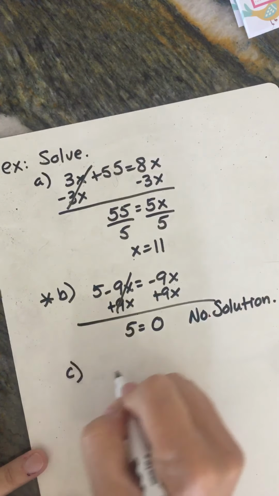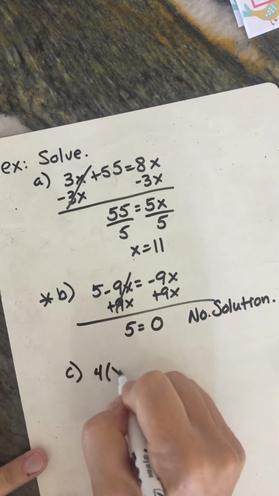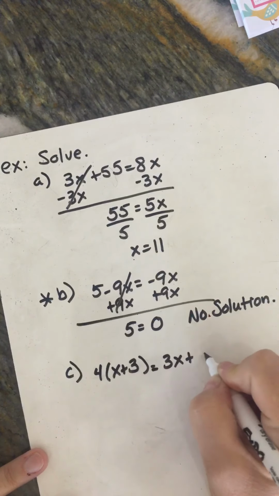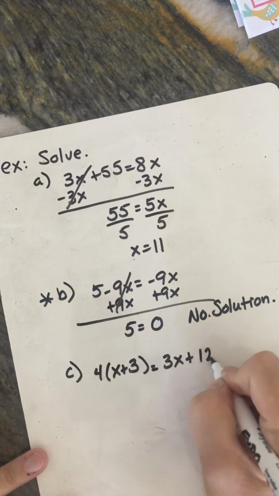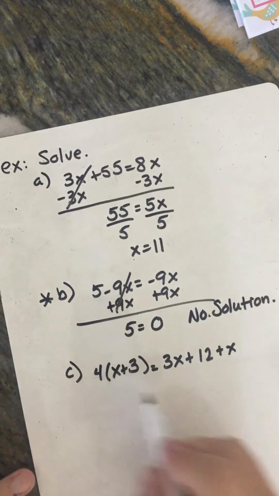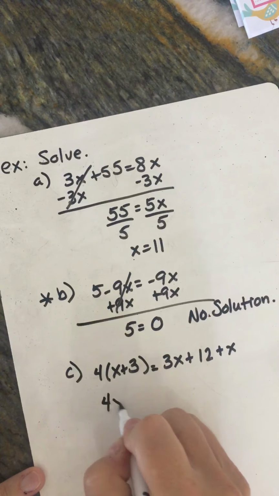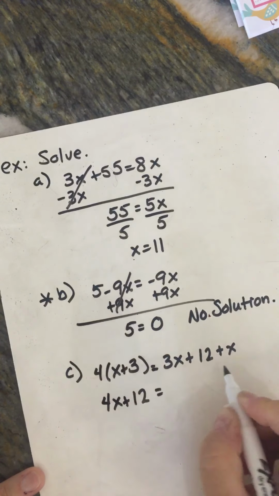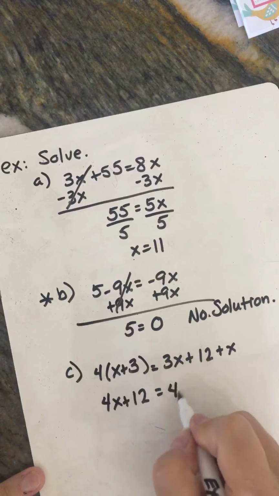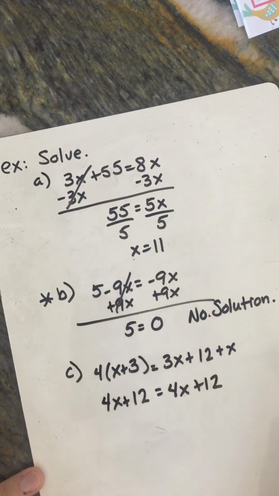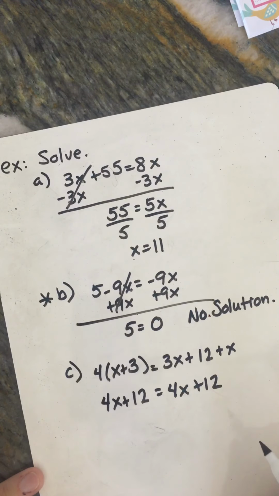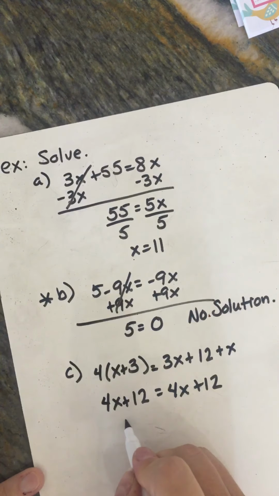And let's do one more. So 4 times the quantity x plus 3, this is a few more steps, obviously, plus 3x plus 12 equals x plus 12x. So the first thing we're going to need to do is distribute the 4 over the addition. And we can also combine like terms on this side of the equal sign, so 4x is over here. And oh my goodness, look at this, 4x plus 12 equals 4x plus 12. Let's just continue and see what happens.